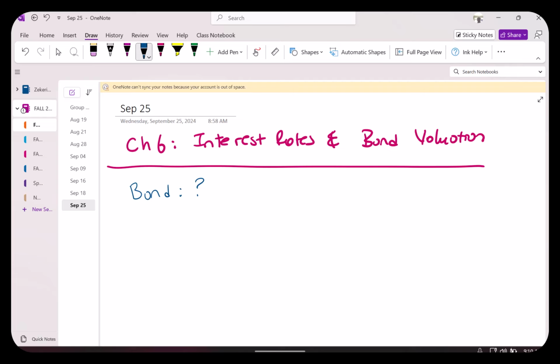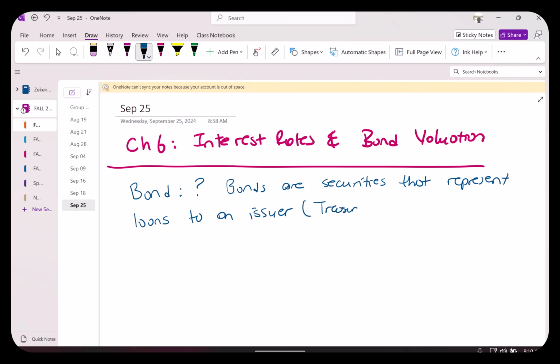Okay. Bonds are securities that represent loans to an issuer. That could be treasury, state governments, companies, even EKU has bonds around.